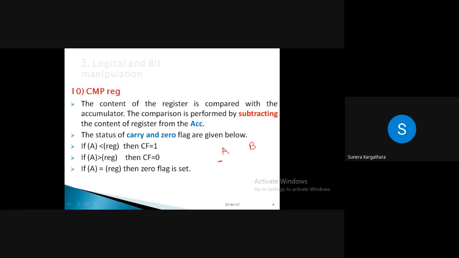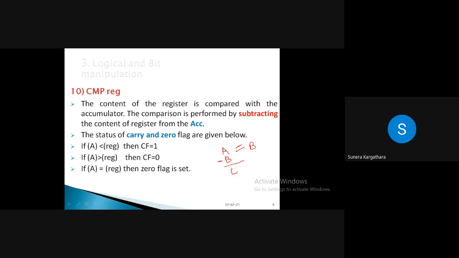Now you can easily map this flag status based upon this process. If the content of both the accumulator and register B is the same, what will my result be? What will be the result of subtraction? If A equals 35, B equals 35, what is the result?